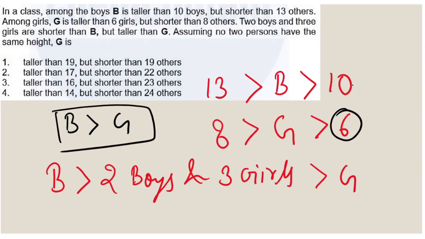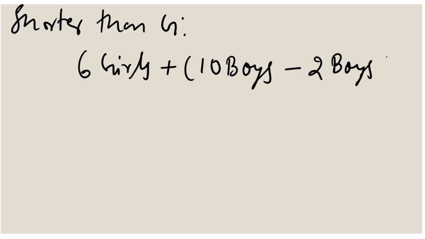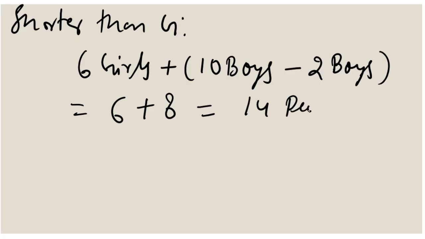So these 10 boys must be shorter than G, but one more condition is there that 2 boys out of 10 are taller than G. So 10 boys minus 2 boys, which are in between B and G. So from here 6 plus 8 is equal to 14 people who are shorter than G.